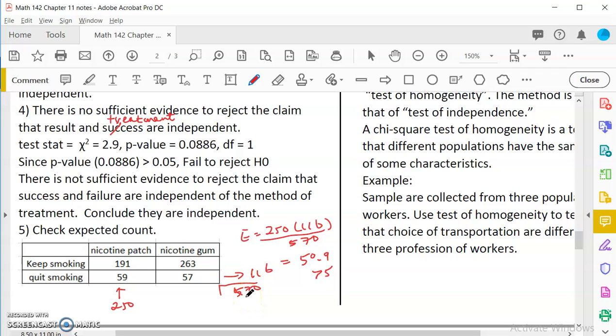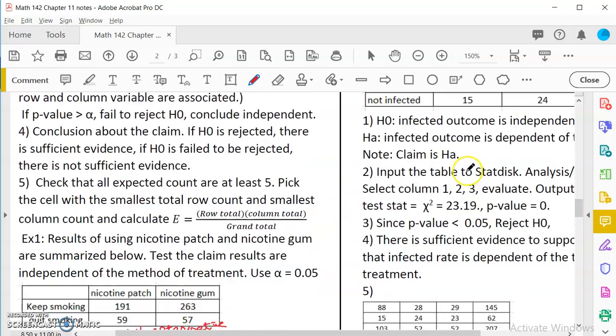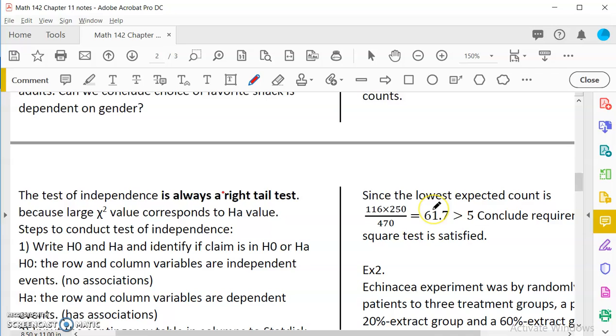Let me make sure that my grand total, 191 plus 263 plus 59 plus 57, is 570. So that one was wrong. So I'll make this change. It will be 570, so it'll be 50.8. Greater than 5.